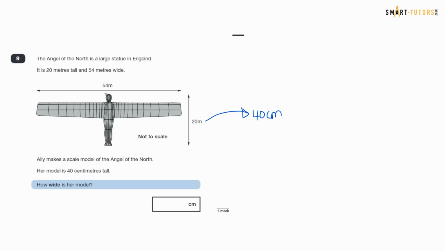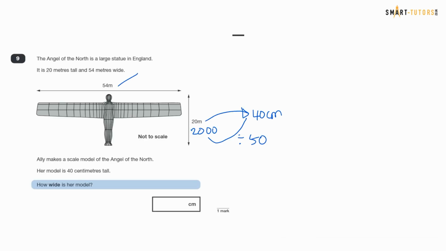And then 2000 divided by 40, to show you how much you have to divide 5400 by to see how wide it is. So 2000 divided by 40 is 50.